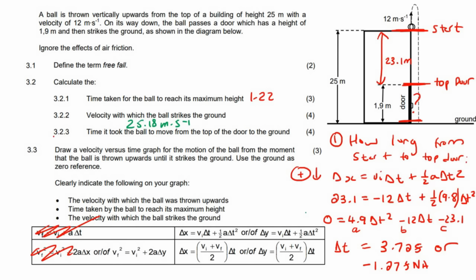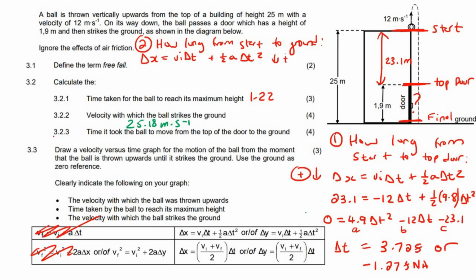So now my starting position is still at the same place, but my final position is at the ground. I'm going to use the same formula. Let's say here, number 2, how long from start to ground.